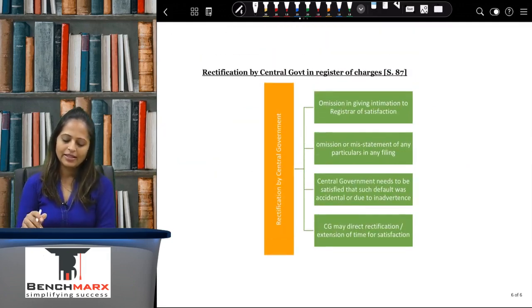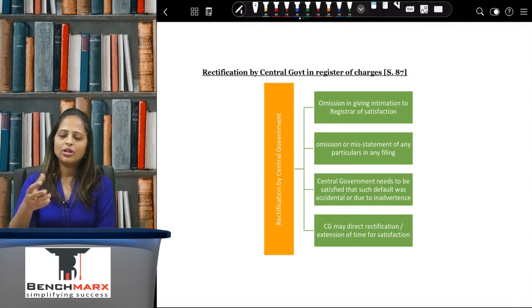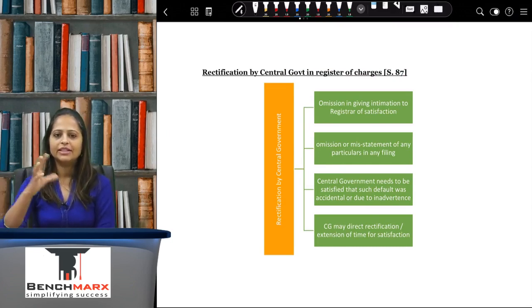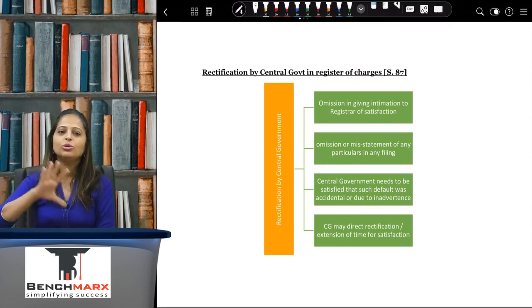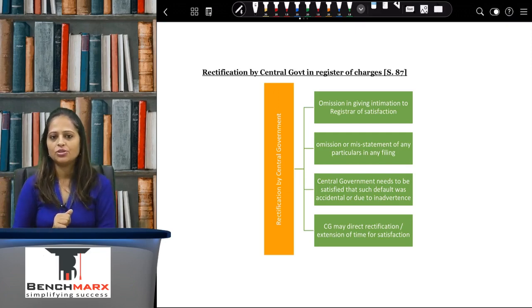And the last part is rectification by the central government. If there is any omission or some wrong entry has been registered, the central government has the right to rectify the register if it believes that it was done inadvertently or due to negligence and not willfully. Then the central government can rectify the register if it wishes to do so.